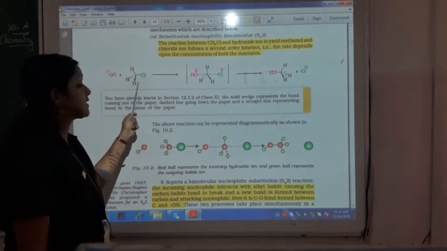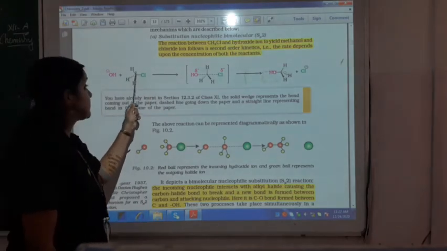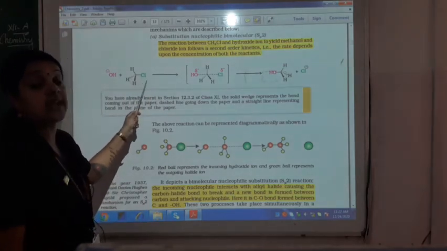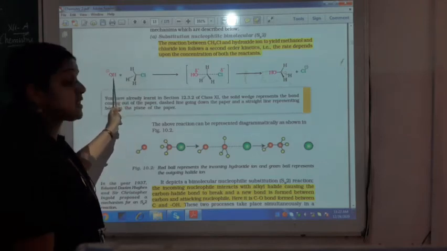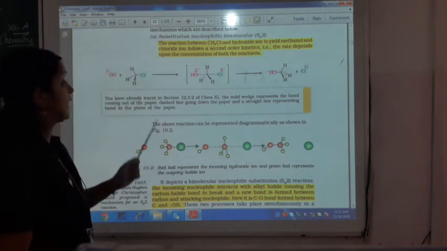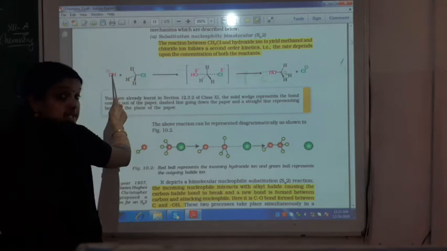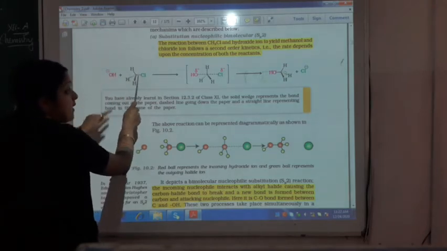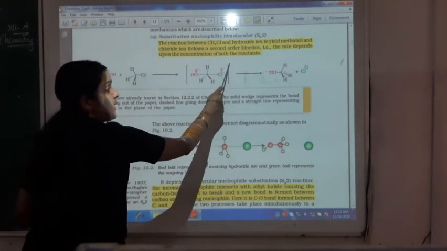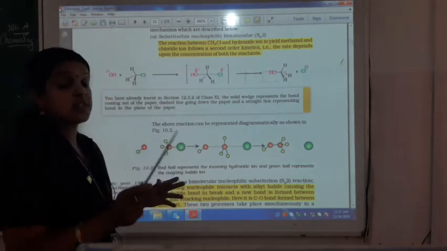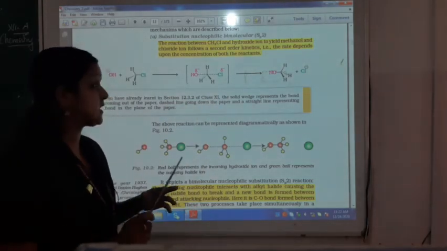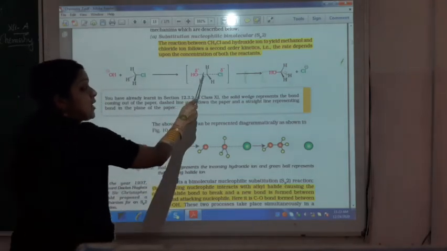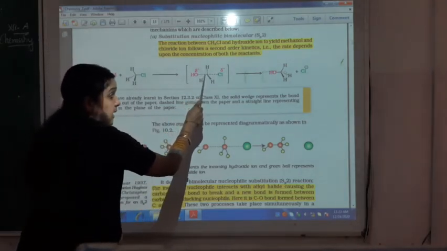So what is my first species here? It is CH3Cl, my alkyl halide. This is my hydroxide ion. Now when this nucleophile attacks my carbon center from here, an intermediate state is formed, called a transition state. Now listen very carefully to what is happening here. I have my carbon.